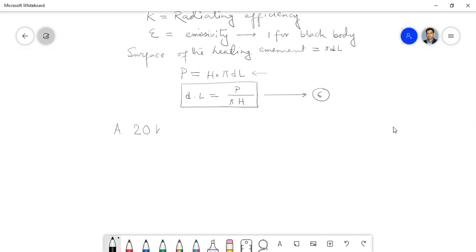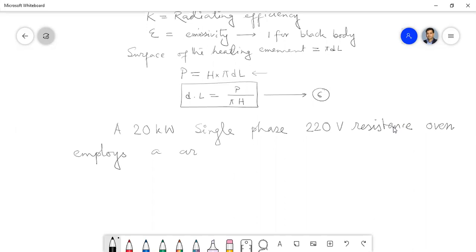The 20 kilowatt... Can you see the whiteboard? Yes, sir. You just write down the problem. I will ask you.